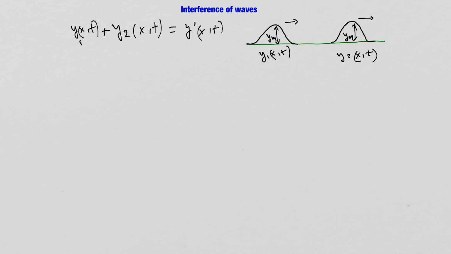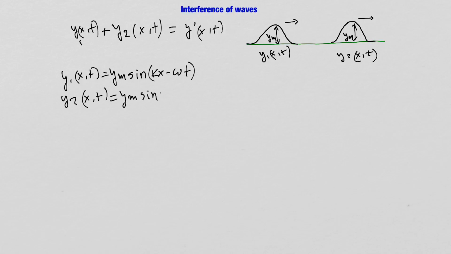Okay, so the waveform equation for wave number 1, y1 of x and t, is equal to ym sine of kx minus omega t, and y2 of x and t is equal to ym sine of kx minus omega t plus phi.